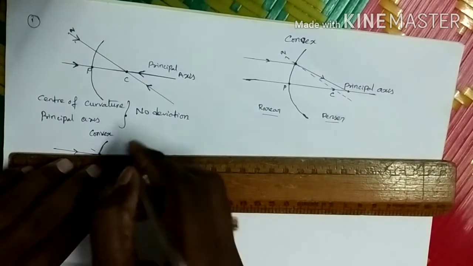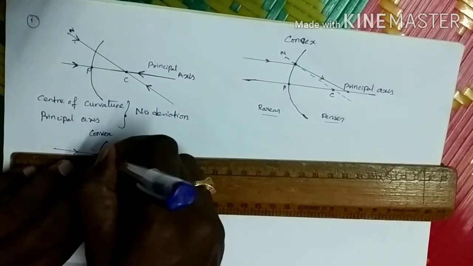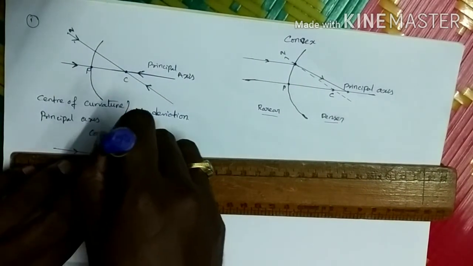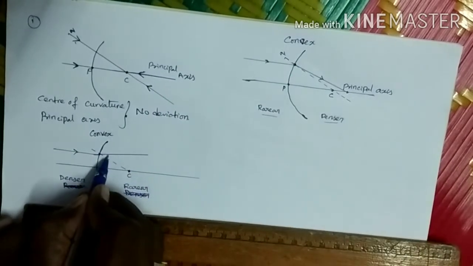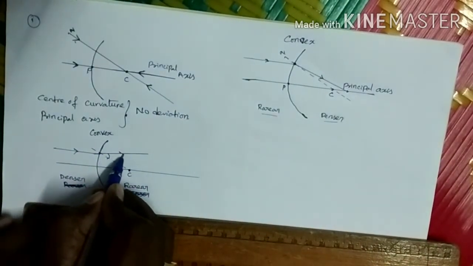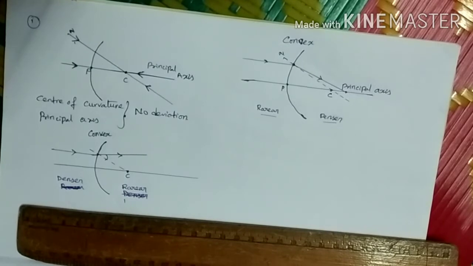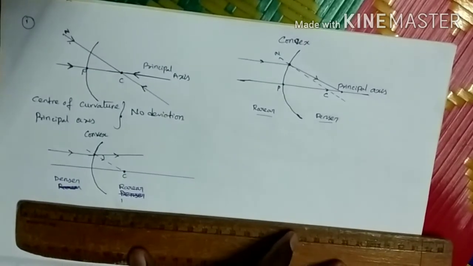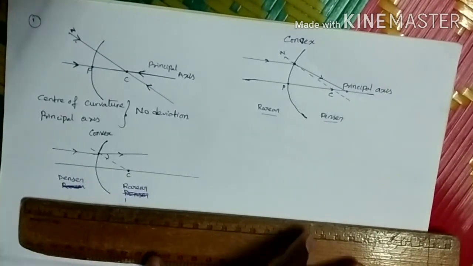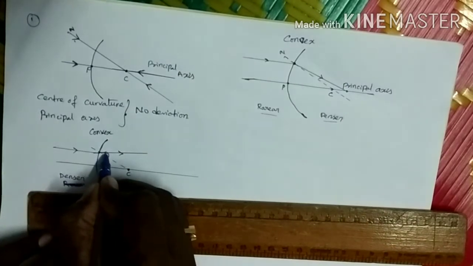What happened here? We know that when the light travels from denser medium to the rarer medium, the refracted rays are away from the normal.